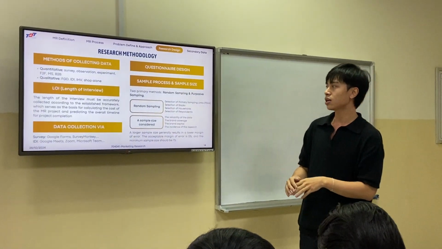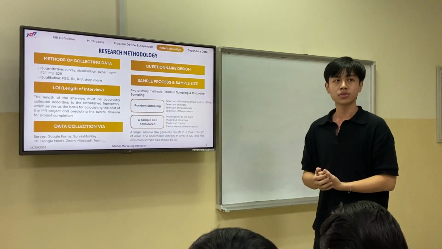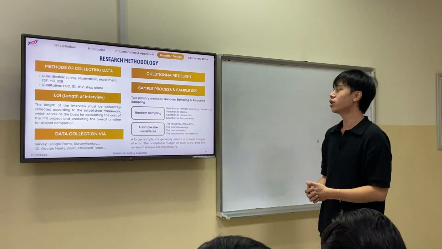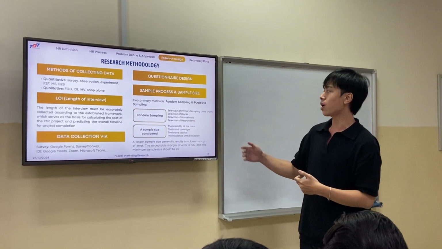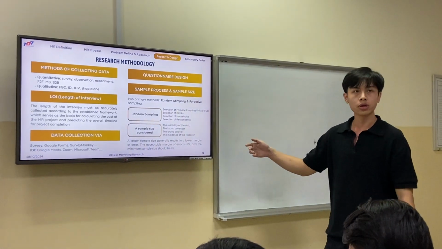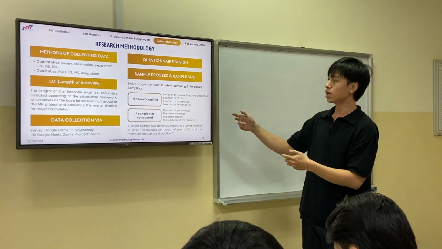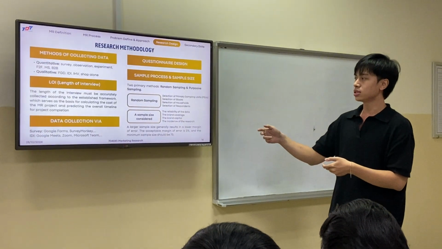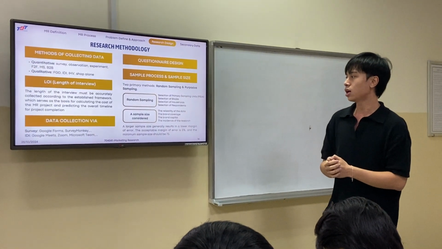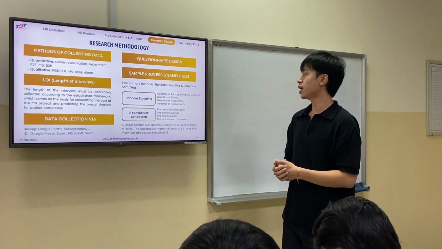About the sample process, we will do random sampling: first we select the primary sampling unit. Second, we select the block. We select the household, and finally we select the respondents. About the sample size, it needs to rely on the data.